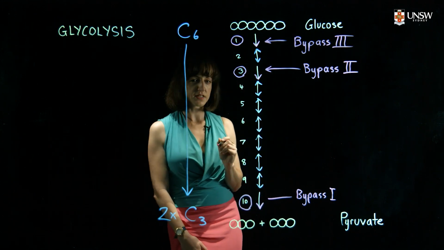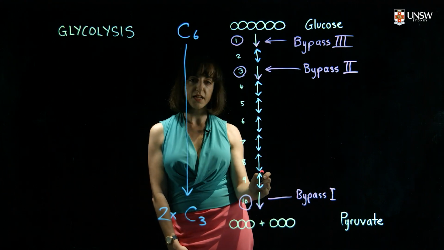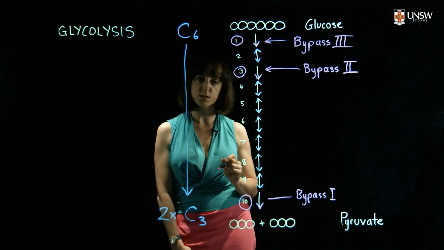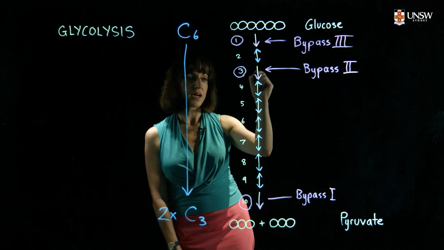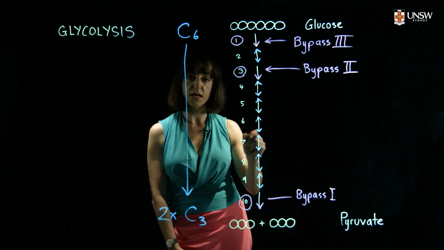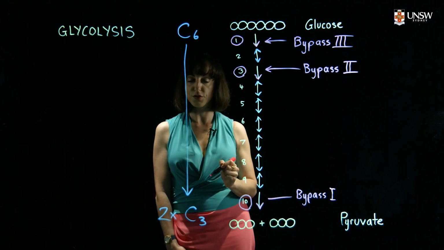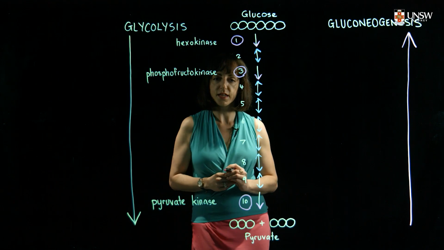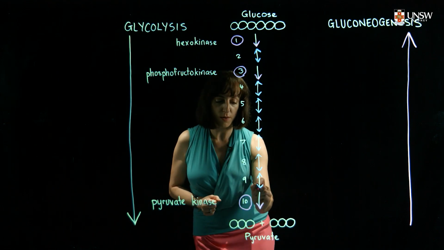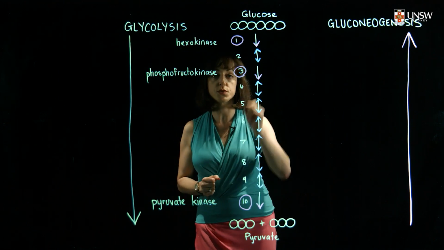So in gluconeogenesis, we need different enzymes to catalyze bypasses 1, 2, and 3. However, the remaining enzymes for the 7 other reactions are exactly the same as those used in the process of glycolysis.